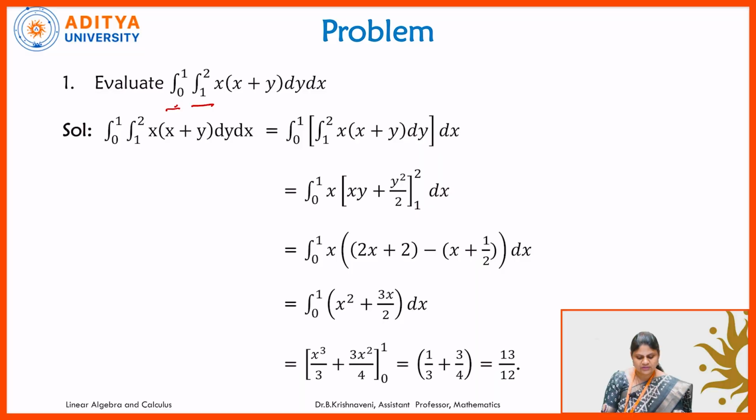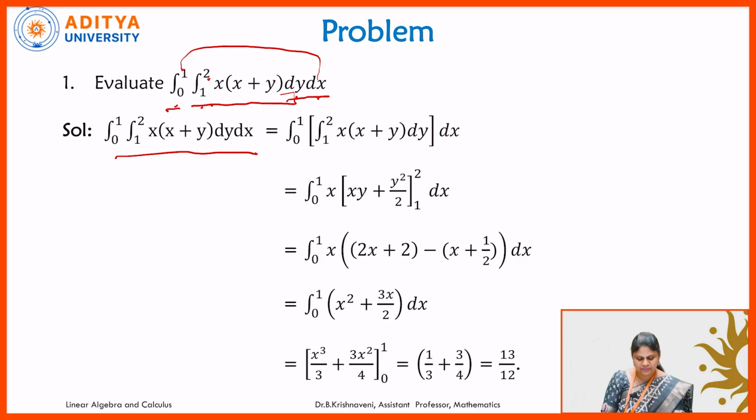So if all the limits are constant, you can follow the same order which is given in the question itself. You can see this is the inner limit belonging to the inner variable and this is the outer limit belonging to the outer variable. So let us do the integration with respect to y between the y limits, then with respect to x between the x limits. So let us proceed.